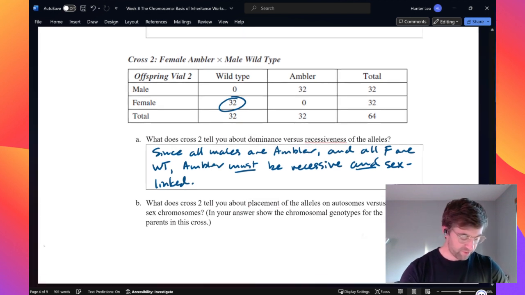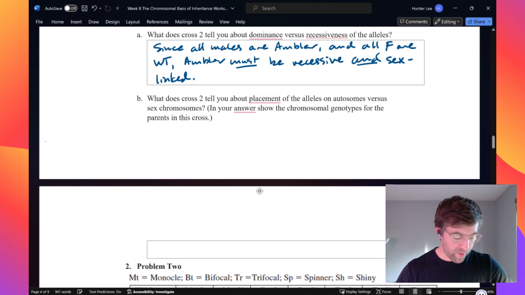What does cross 2 tell you about placement of the alleles on autosomes versus sex chromosomes? And in your answer, show the chromosomal genotypes for the parents in the cross.